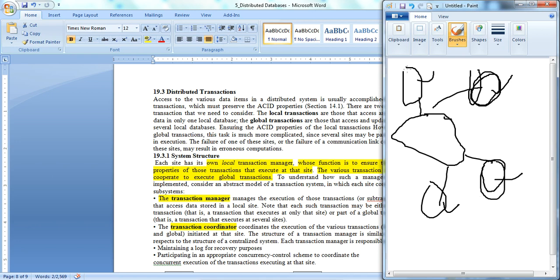When we update the data under all the nodes, the ACID properties must be maintained under the distributed databases.